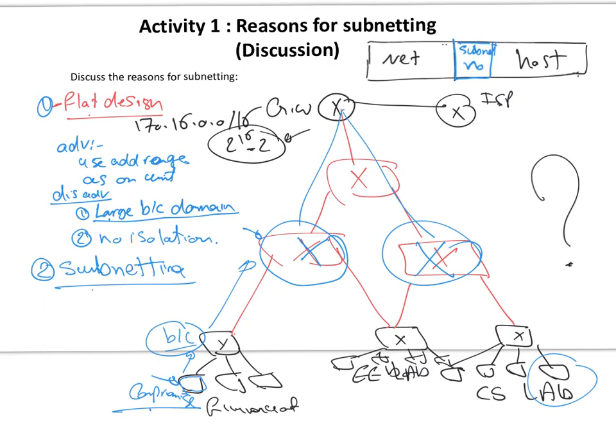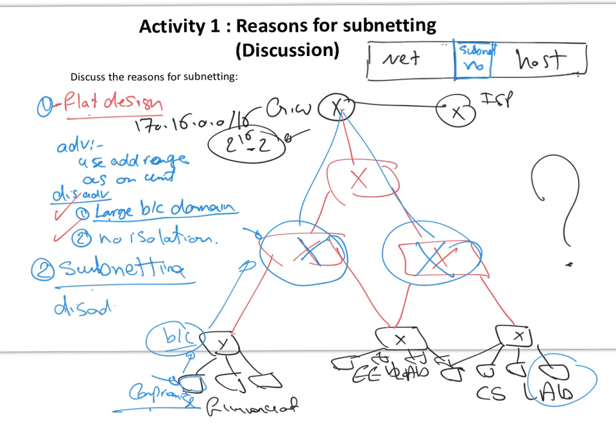So these two issues have been fixed, because now I can make the broadcast domains smaller. I can now have some isolation between the networks. So if one node is compromised, this network is isolated and it cannot affect all other networks, right? But what is the disadvantage here?